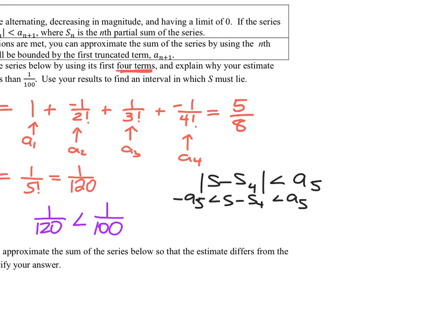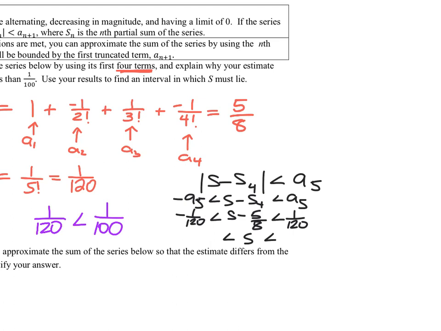Now, getting particular here, it tells me that negative 1 over 120 is going to be less than S minus 5/8, which in turn will be less than 1 over 120. So if I add 5/8 to everything, I'm going to get an interval that will capture the true sum.